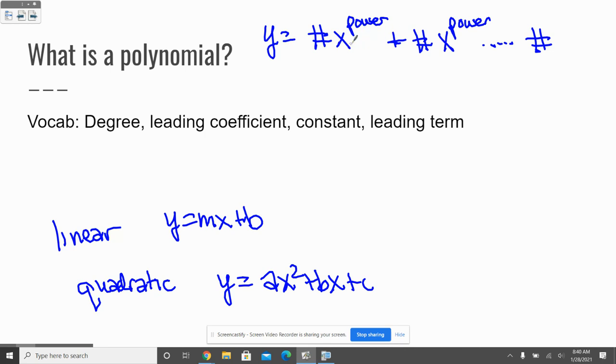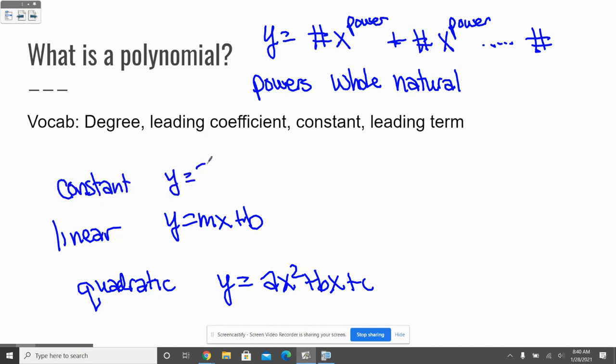Now, there's some rules about the powers. The powers have to be, we're going to say, whole numbers, even though I like to think more of natural numbers. Remember, the difference is that whole numbers include the number zero. They also say that a constant is a polynomial, like y equals 3. I don't like that as much, but it's fine.